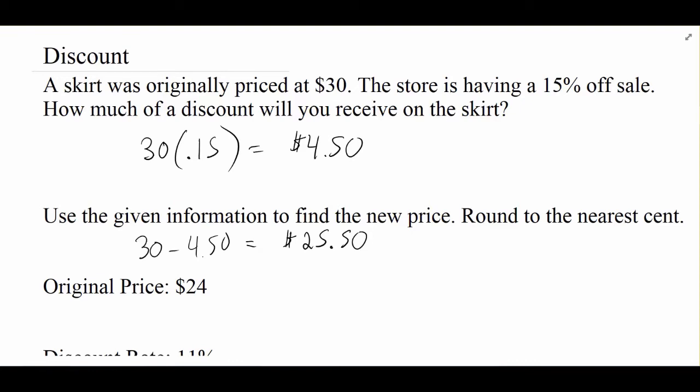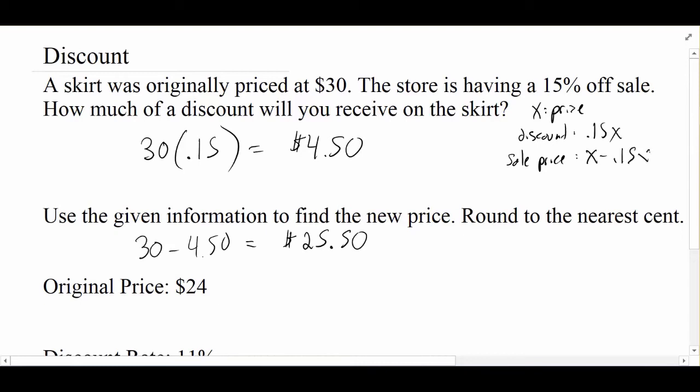If we follow the same idea that X was the original price, then the discount would be the percent, which in this case was the 0.15, times that X. And then the sale price would be X minus this 0.15X.